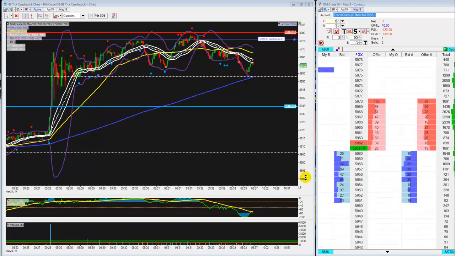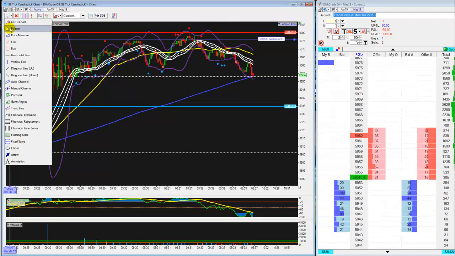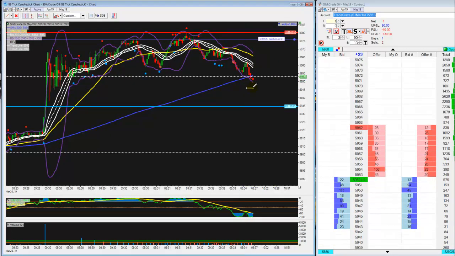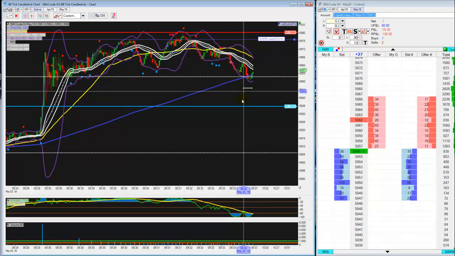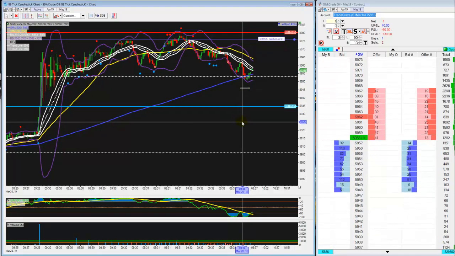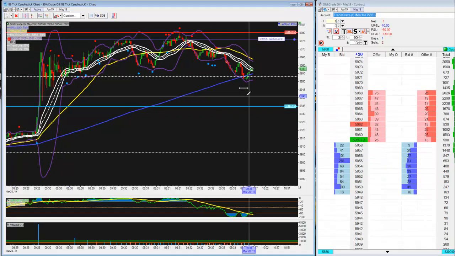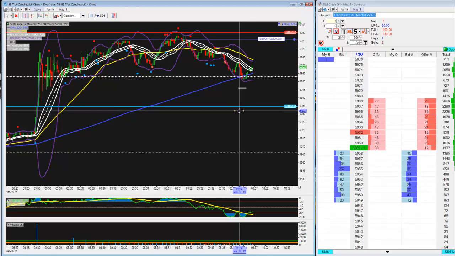1P move is 47 down. Two P down would be 32. Takes you below pivot.